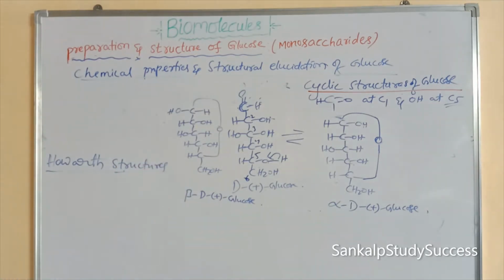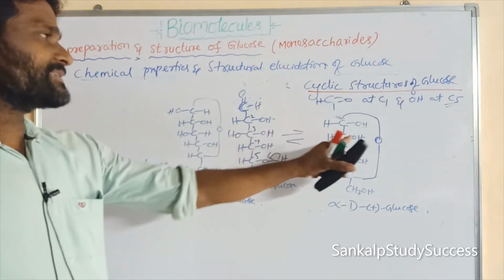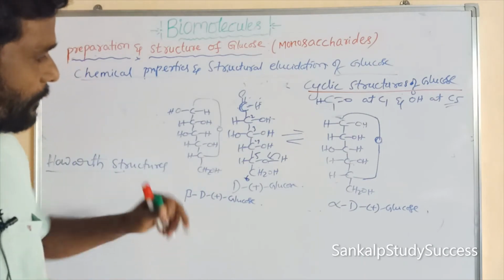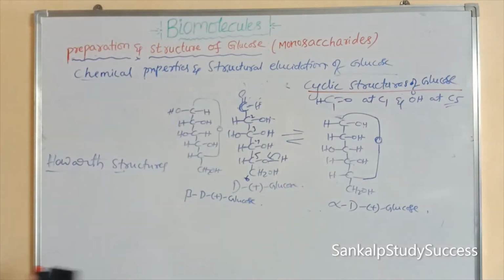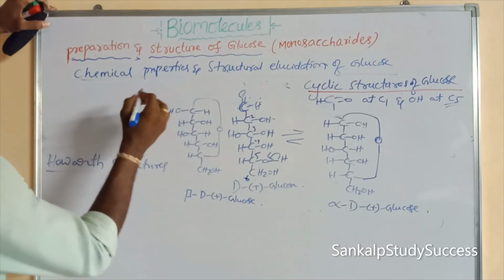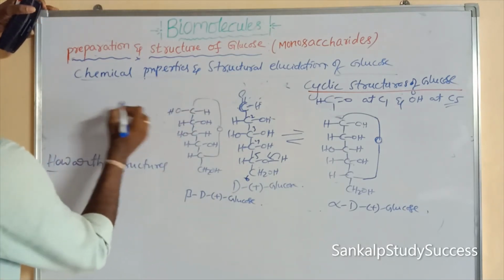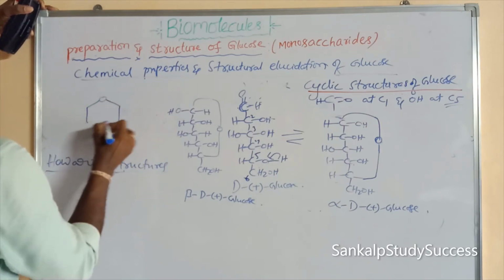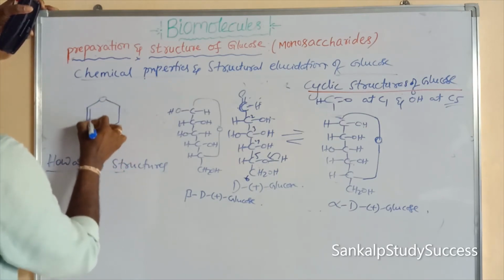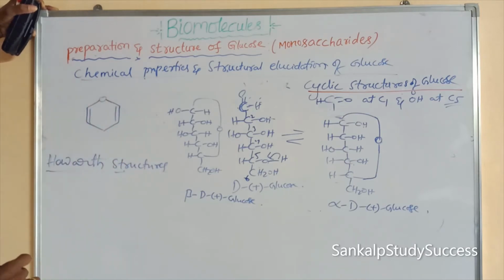In the Haworth structure, the cyclic structures of the two isomers of glucose are similar to pyran. So what is the structure of pyran? This is the structure of pyran.